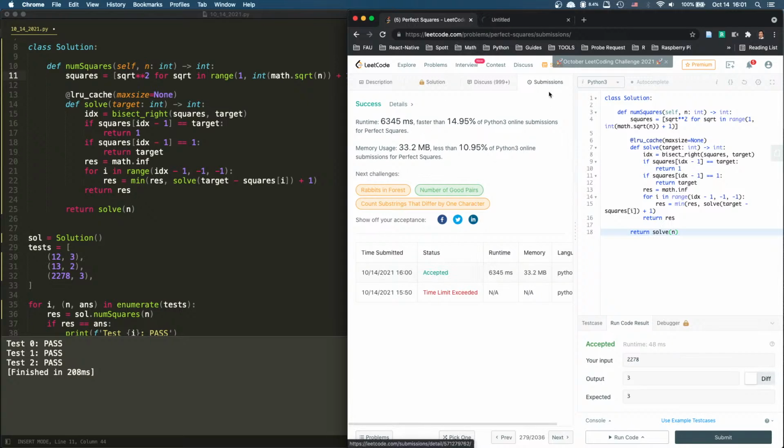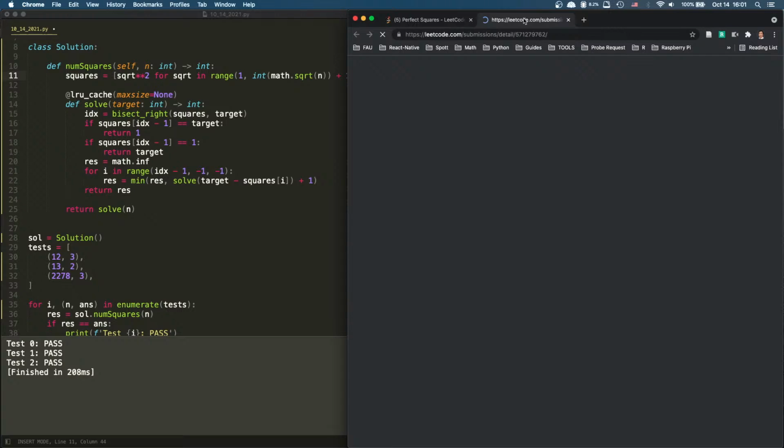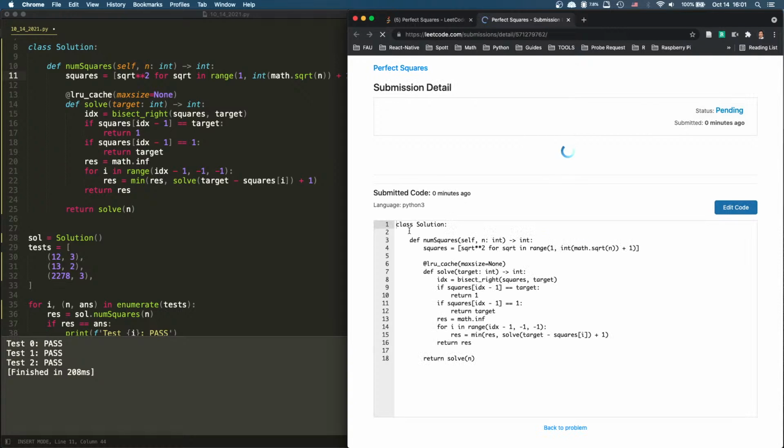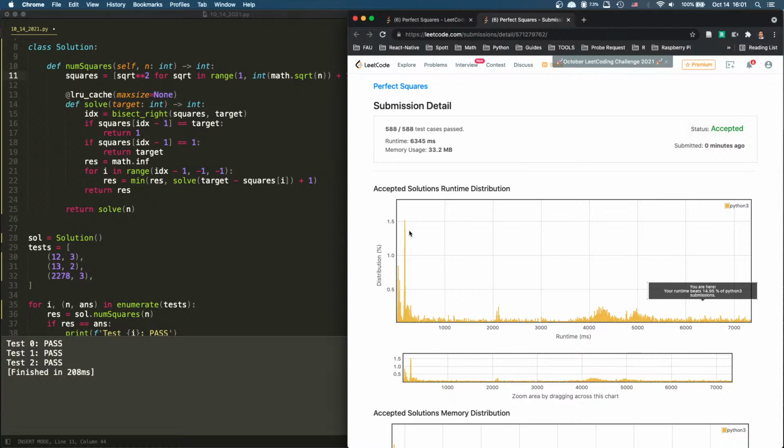Look at that. 6 seconds. I was almost giving up hope. I'm pretty sure there'll be some, like right here, 100, 200 milliseconds. Yep, look at that.